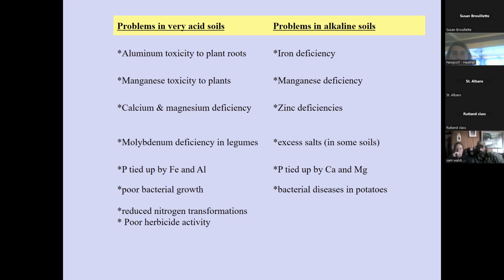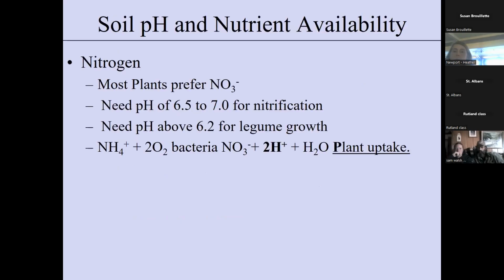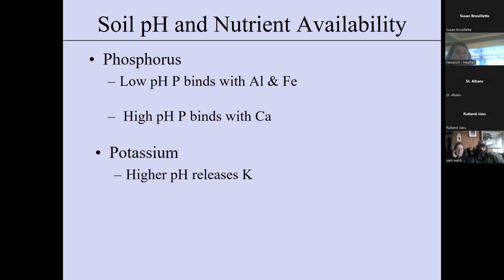Okay. All right. And this is what I already talked about with nitrogen and what the legumes need and what the bacteria need to be able to thrive. So they need a pH above 6.5. All right. And again, soil pH impacts phosphorus.